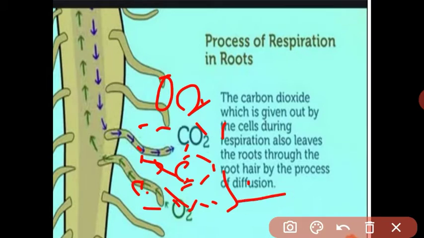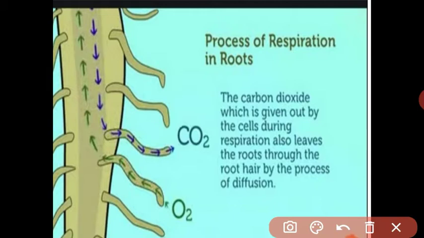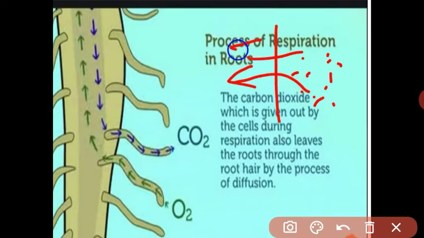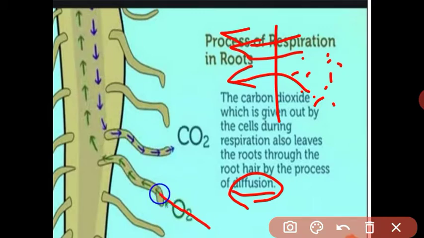I explained diffusion in photosynthesis. Diffusion means the movement of molecules from a region of higher concentration to a region of lower concentration. By the process of diffusion the root hair takes oxygen from the soil and throws out the carbon dioxide released by respiration.